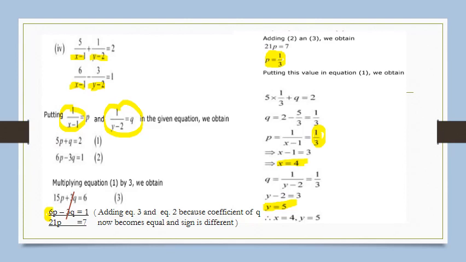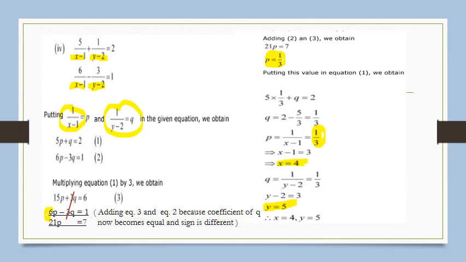Now if you subtract this equation, 6p minus 3q equals 1, then what will we get? We will get 21p equals 7. That gives you p equals 1 upon 3. Now that we have p equals 1 upon 3, what do we have to do?